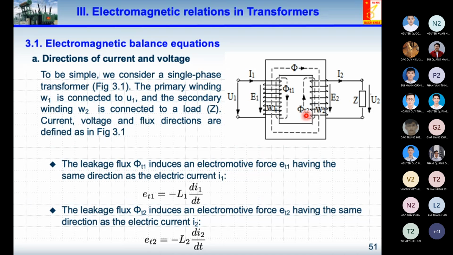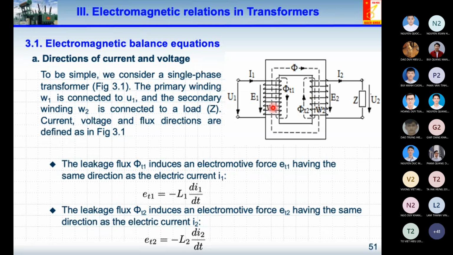The main flux varies continuously through the windows of W1 and W2, so according to the electromagnetic induction law, in W1 and W2 we get E1 and E2.